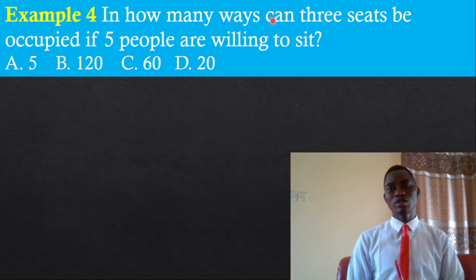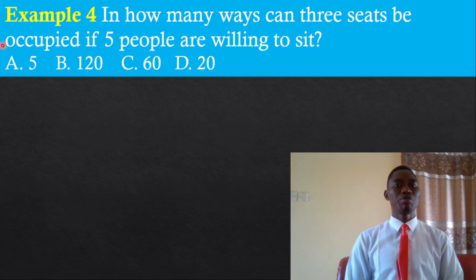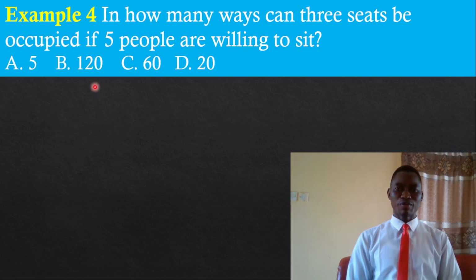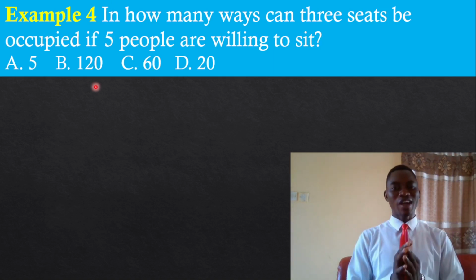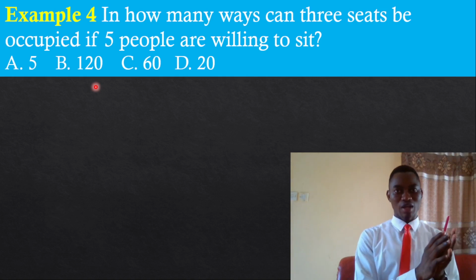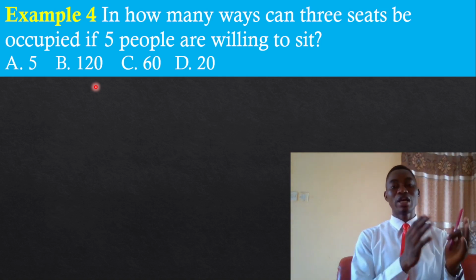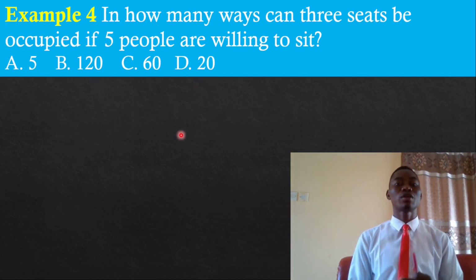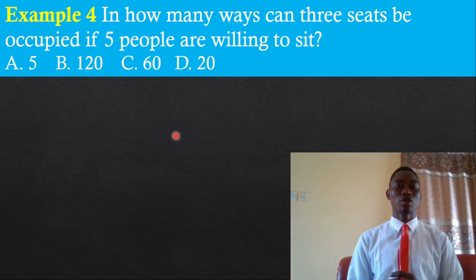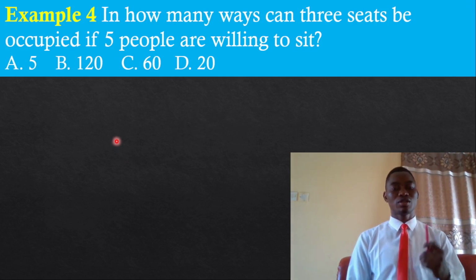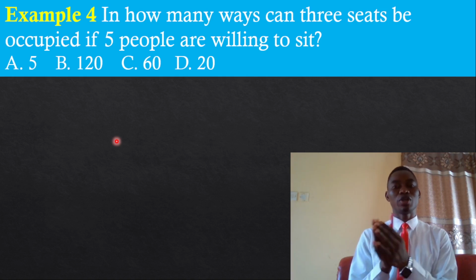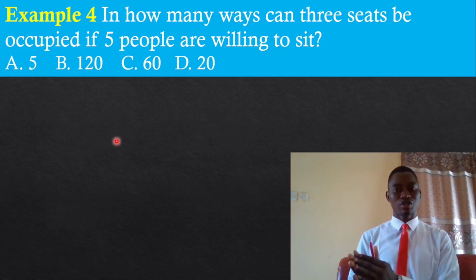All right, let's look at the fourth example for today. In how many ways can 3 seats be occupied if 5 people are willing to sit? Earlier we gave a formula: n permutation r equals n factorial all over (n minus r) factorial. That formula is used when a part of a whole is being arranged.